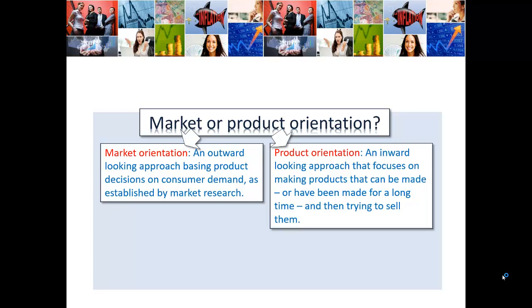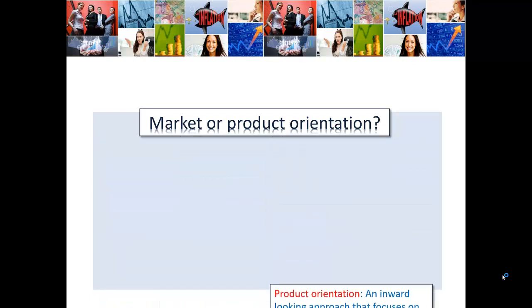Making products that the business can make or has made for a long time, and then trying to sell them. We're taking a product and convincing consumers that this is what they want, or being sure that consumers will see this as being what they want. Whereas with a market orientation, we're looking at the wants and needs of consumers, finding out what would suit them, and then designing a product and a marketing mix around that information that we found.